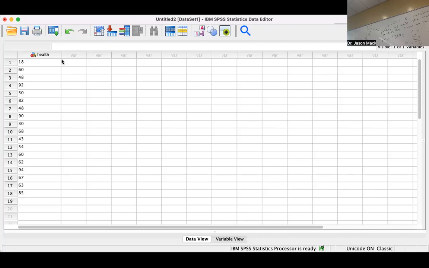No, not descriptive. Can you go to compare means? Yep, analyze, compare means. It's right underneath descriptive. Analyze, compare means, one sample t-test.